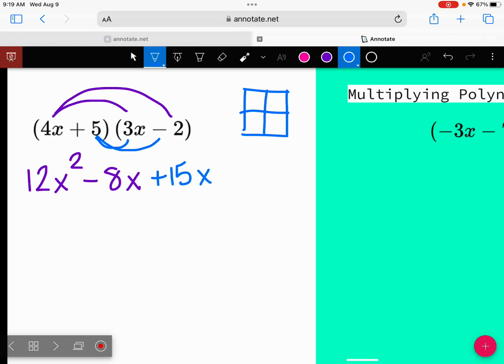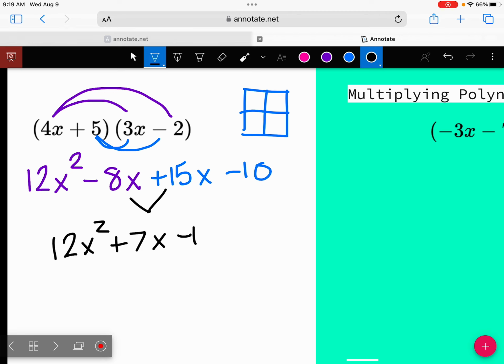And 5 times minus 2 gives us minus 10. That's the multiplying part. We've got to finish simplifying. So we've got some like terms in here. I've got like terms in the middle. So we're going to have 12x squared plus 7x, perfection, minus 10.